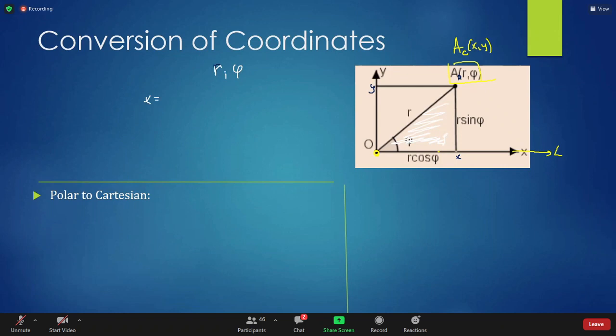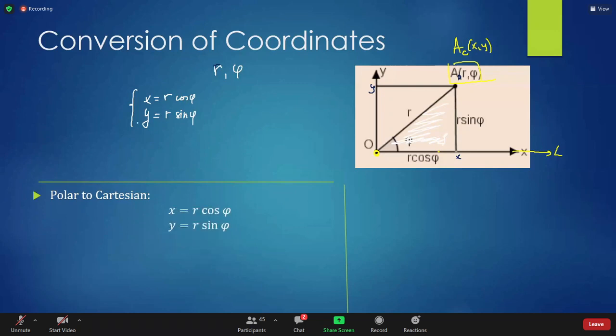So that would be r times cosine of the angle phi, adjacent to the side x. So x equals r cosine phi. And similarly, the y coordinate, the opposite leg to the angle phi, would be the hypotenuse r times the sine of that angle. So this is how, if we have polar coordinates, we can find the Cartesian coordinates.